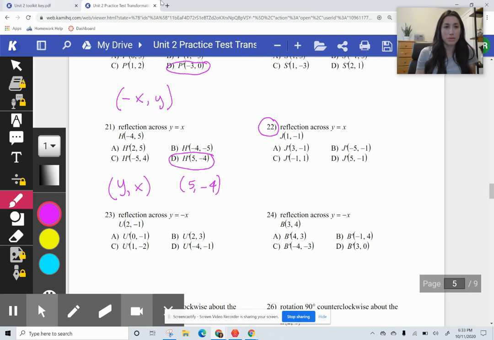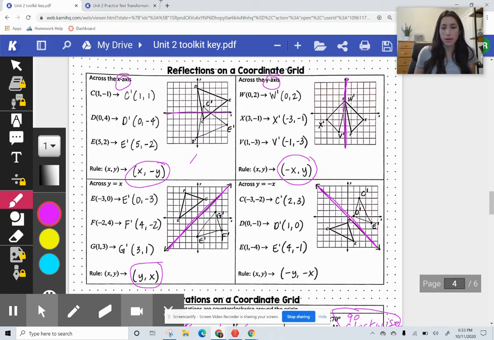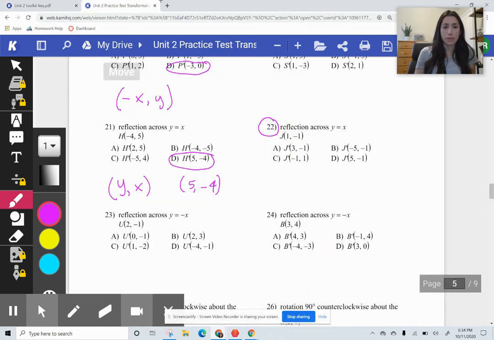Okay, and our last one here, y equals negative x. It looks like they are changing signs and they are switching places. So I'm going to write out (-y, -x). So basically (x, y) is doing this. So I'm going to change the location of these two things. So I'm going to put in a parentheses here.